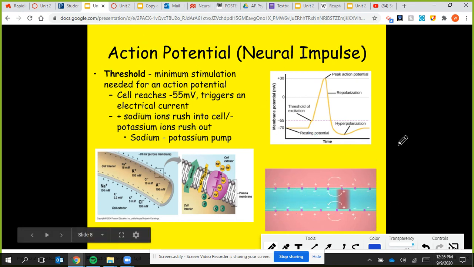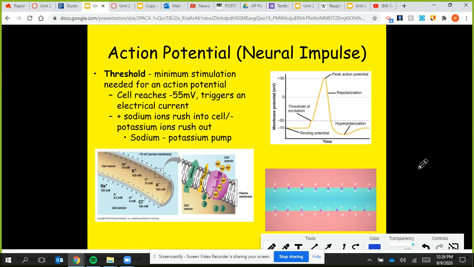When there is some sort of event, whatever it is, it could be a stimulus, touch, sound, or just one neuron activating another neuron, the neurons start to depolarize. What starts happening is the membrane of the axon starts to let in positively charged sodium ions and let out positively charged potassium ions.